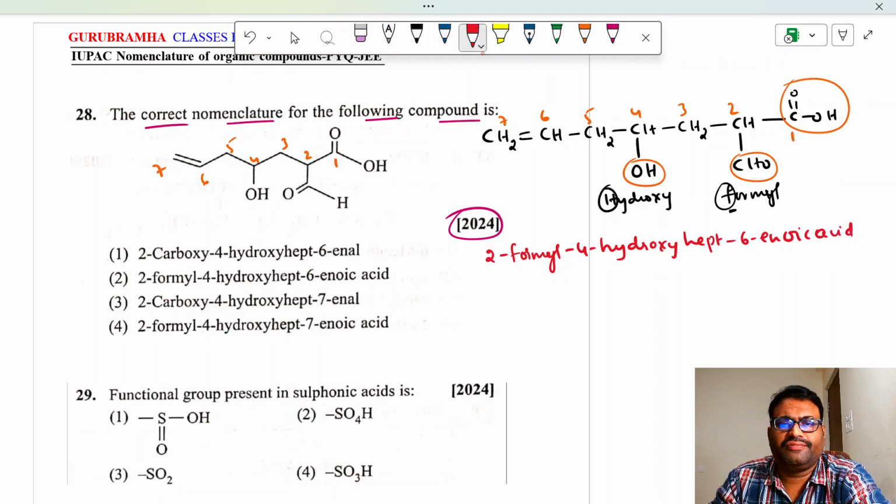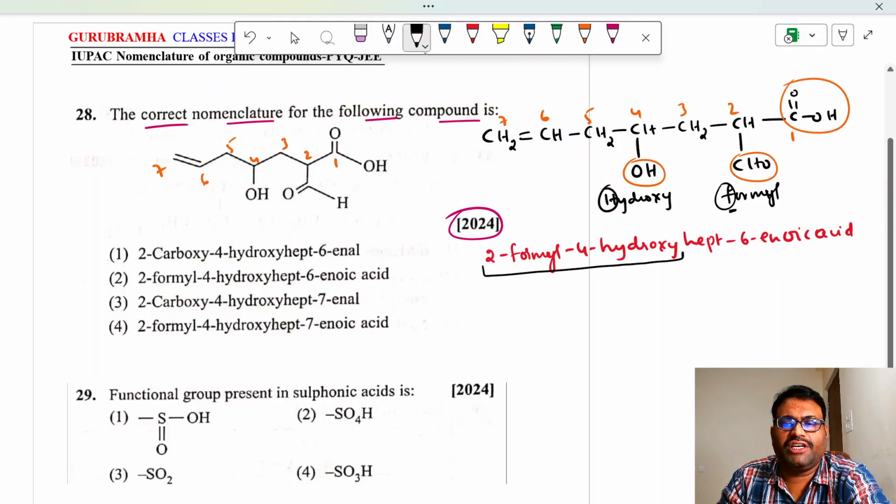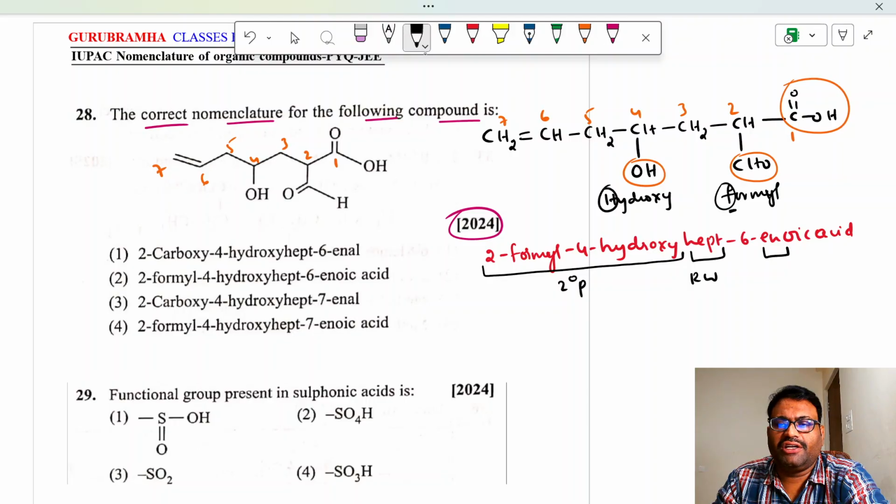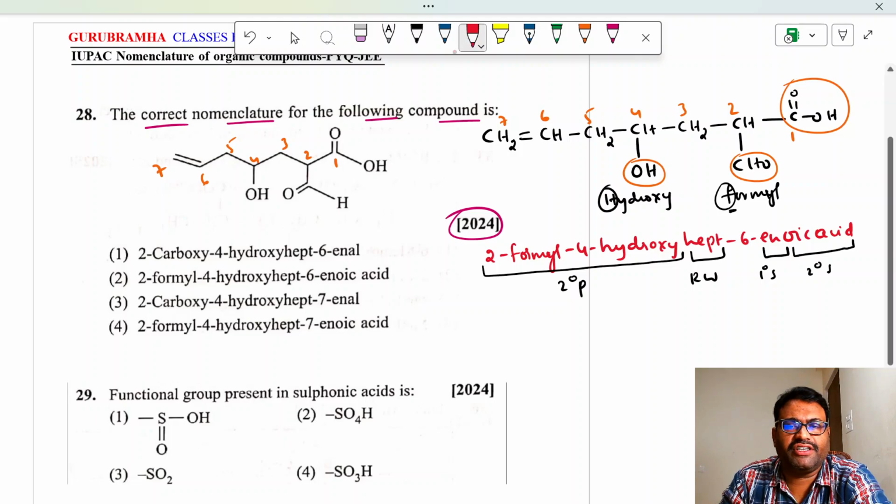In this, 2-formyl and 4-hydroxy are secondary prefixes, hept is the root word, ene is the primary suffix, and oic acid is the secondary suffix. So where do you find this answer? 2-formyl-4-hydroxy hept-6-ene-oic acid is the second option.